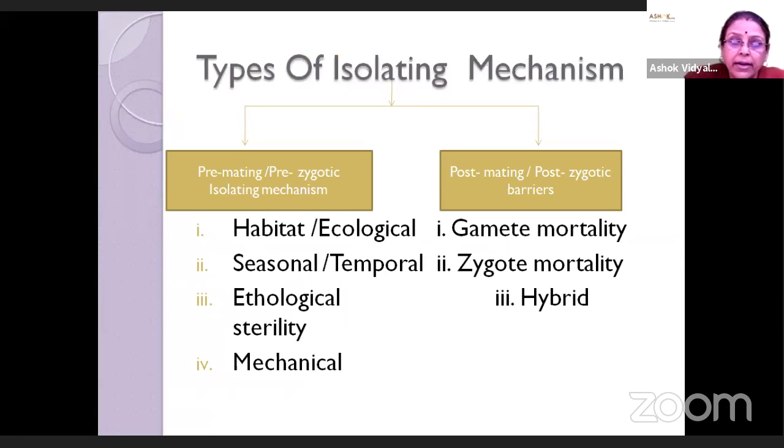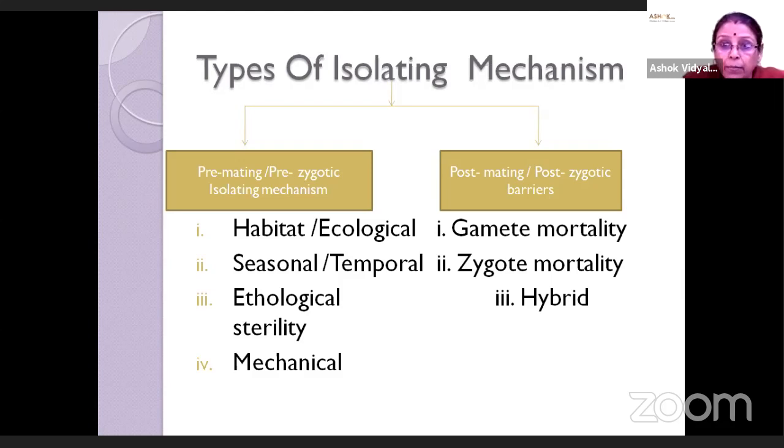Now here see the types of isolating mechanism. There are two different types. One is pre-mating or pre-zygotic, as we call it, and the other is post-mating or post-zygotic. Now here you see, in pre-mating, it can be because of habitat or ecological conditions. It can be seasonal or temporal. It can be ecological. It can be mechanical.